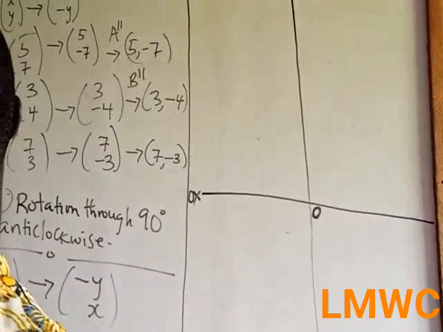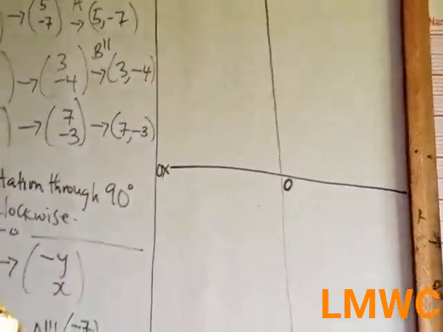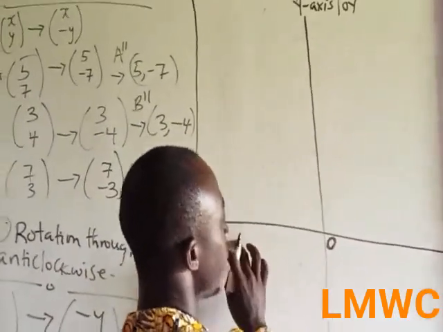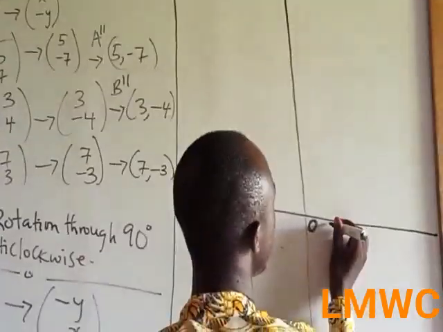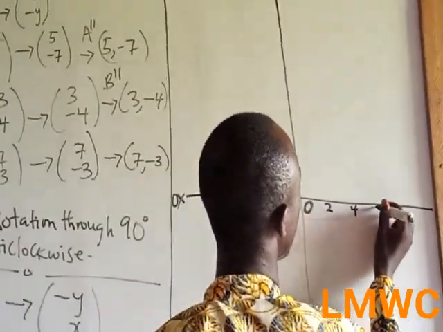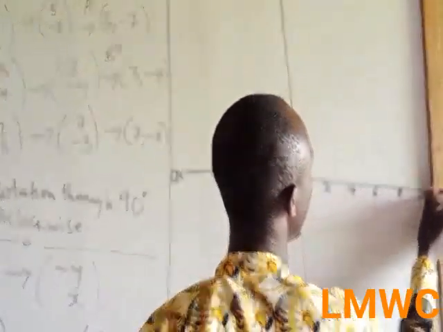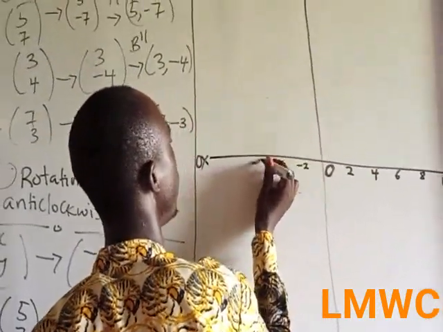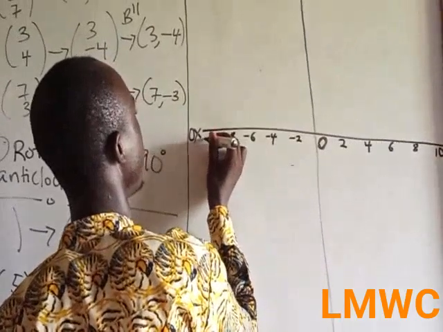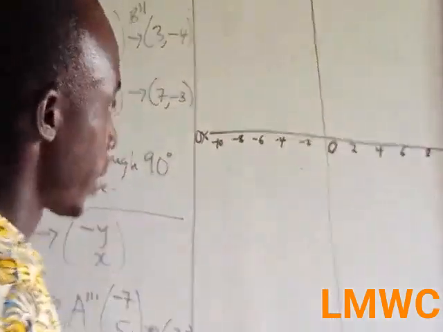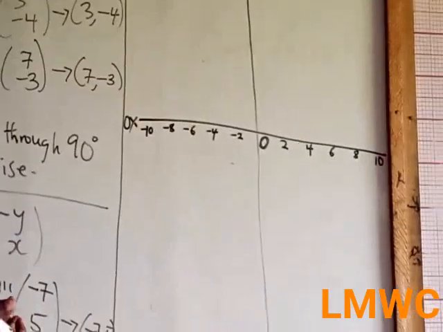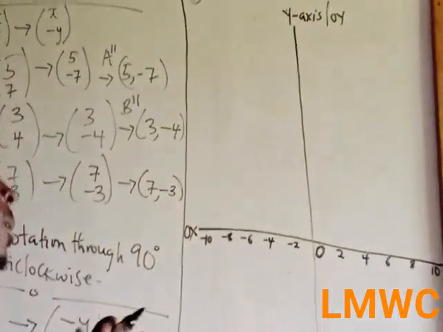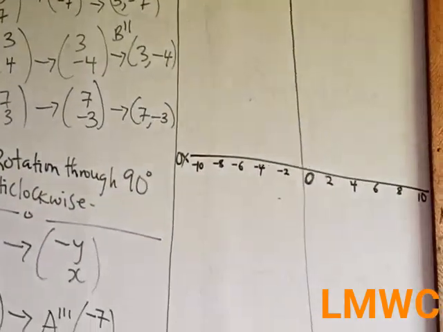Now, they said 2 centimeters to 2 units on both axes, but the x-axis is negative 10 to 10. So let's do the x-axis. This is 2, 4, 6, 8, 10. This is negative 2, negative 4, negative 6, negative 8, negative 10. Even though this is not a graph sheet, understanding it is very, very important.